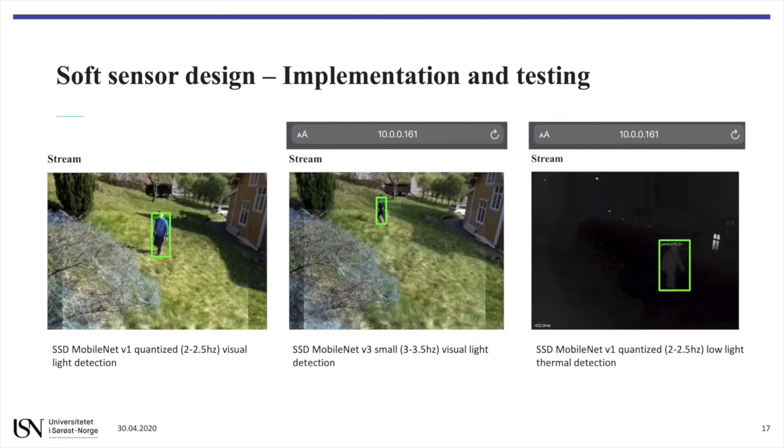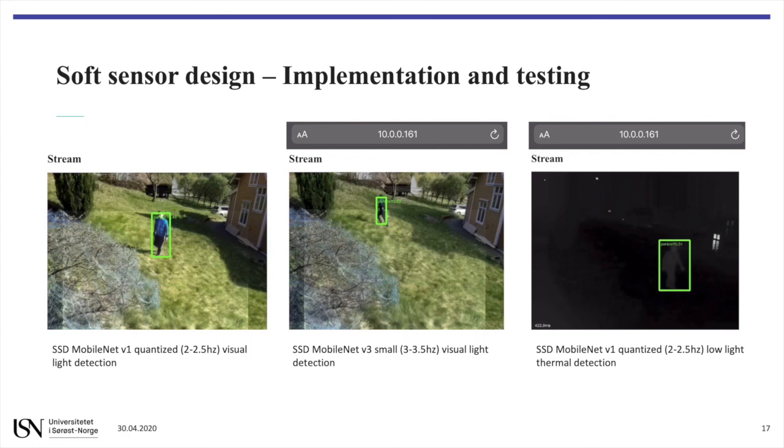We get similar okay results from the SSD MobileNet version 3 small edition, but this is a little faster, so you get about 3 to 3.5 images per second.